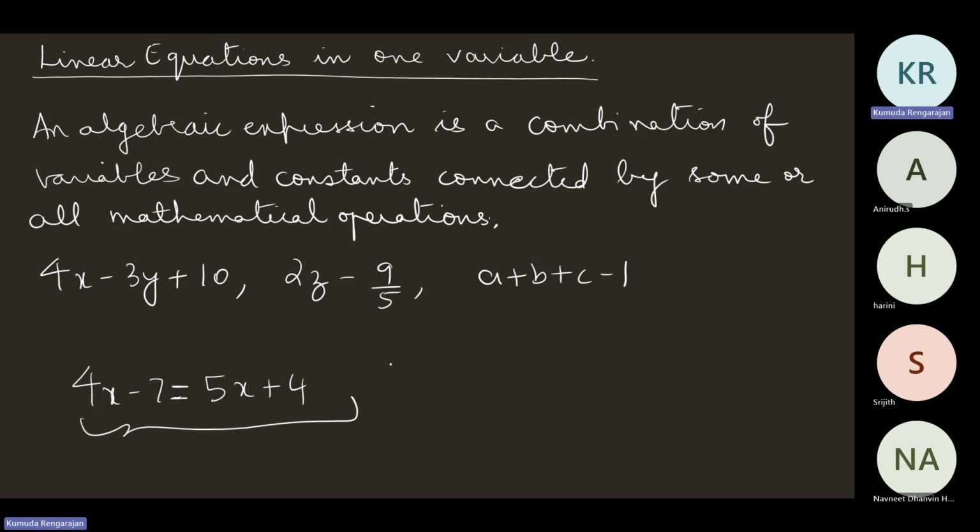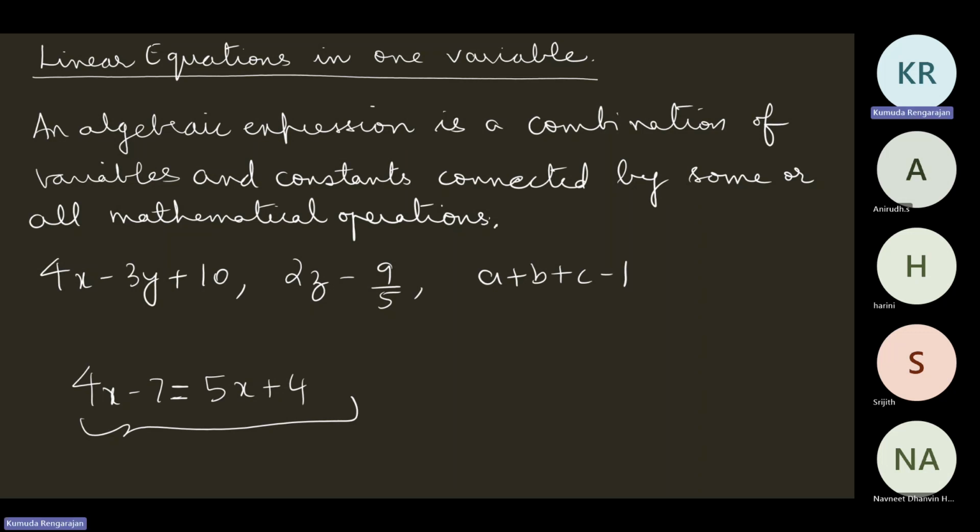See, when do we use the term algebraic? Whenever you see constants and variables connected by some or all mathematical operations, it is algebraic. It's an algebraic expression if you don't see the equal to sign.